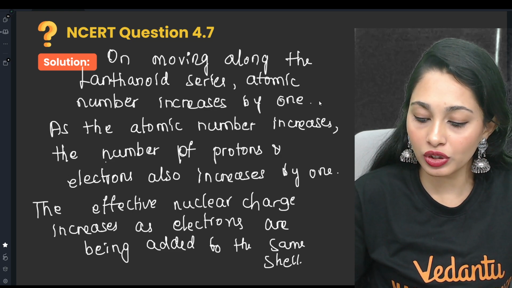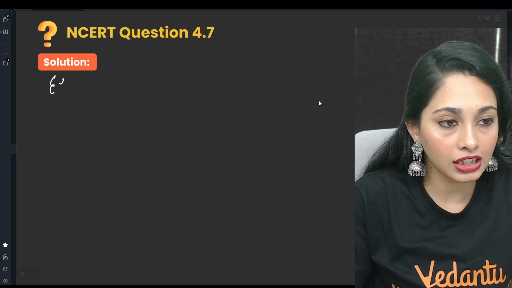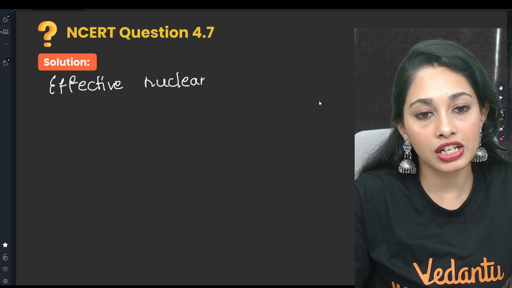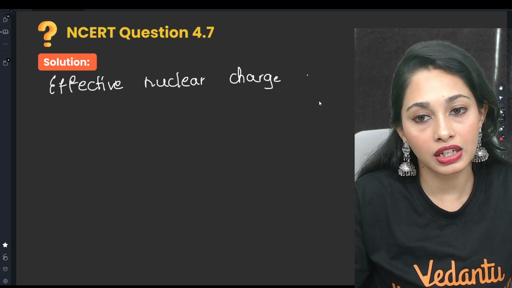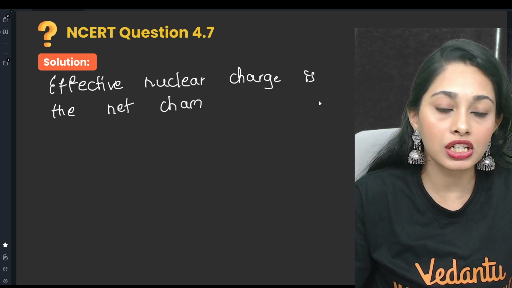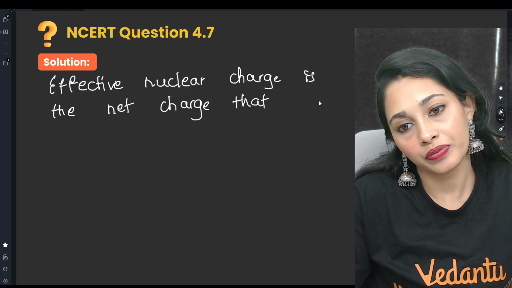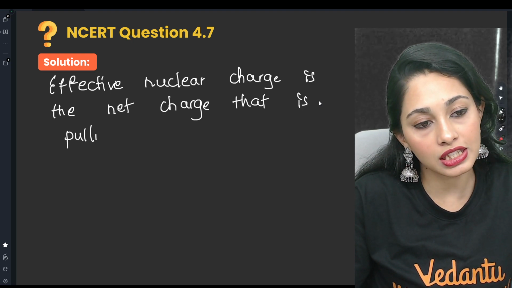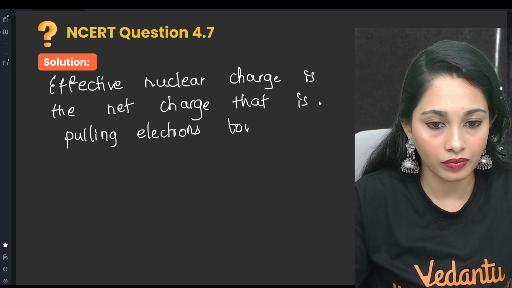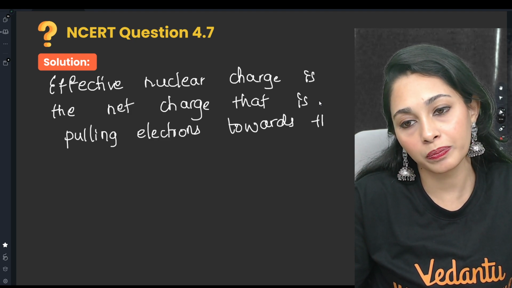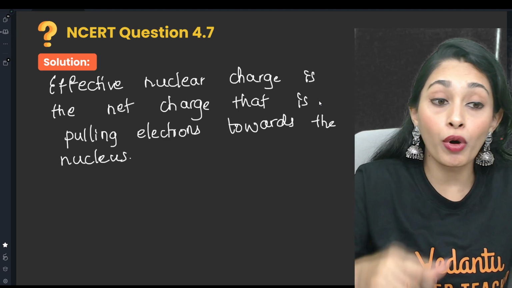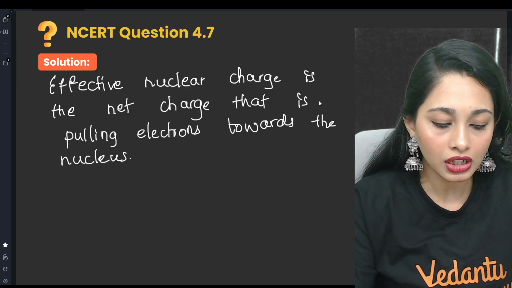So what is this effective nuclear charge? Effective nuclear charge is nothing but the net charge that is pulling electrons towards the nucleus. So effective nuclear charge is the positive net charge that is pulling electrons towards the nucleus.